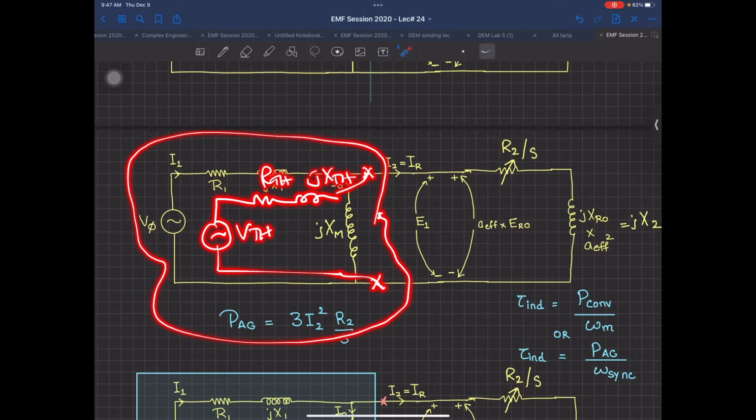So it becomes a series circuit. When it becomes a series circuit, I can find I2 very easily, and I don't even need to find the Z equivalent or whatever. I just need all the series elements and I can find I2. So our solution is the Thevenin equivalent.